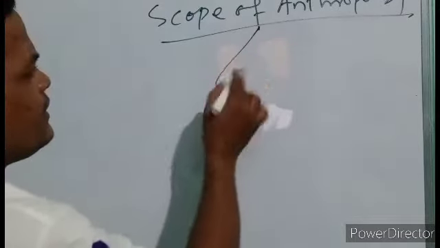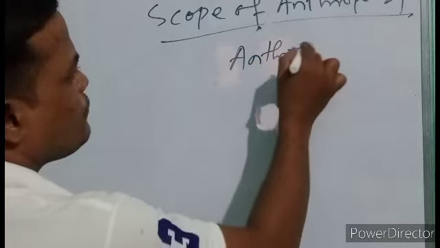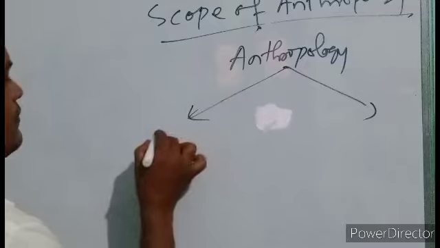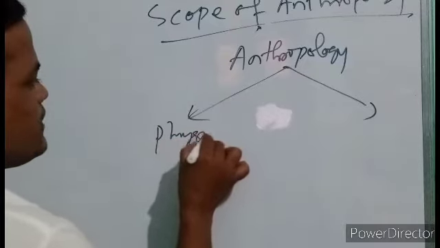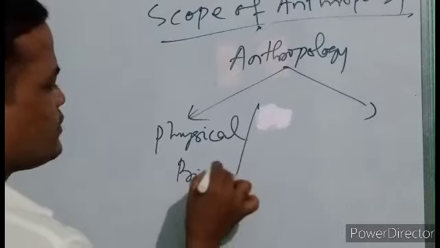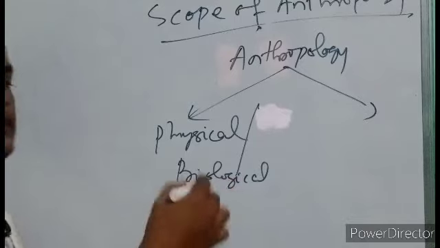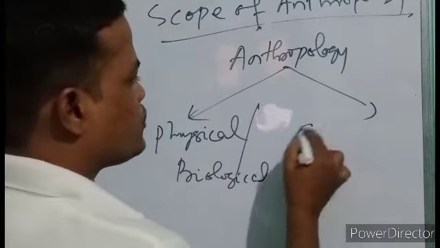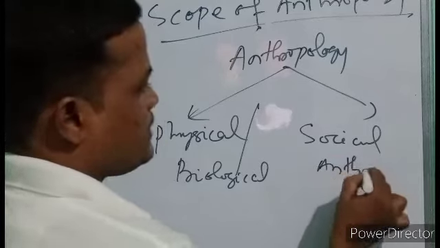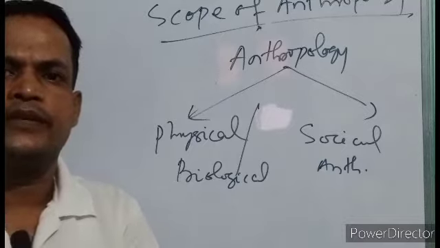Actually, anthropology is divided into two parts. Previously it was called physical anthropology, which is otherwise called biological, and now it is called biological anthropology. And the second is social anthropology. Biological and social anthropology. Is it right?